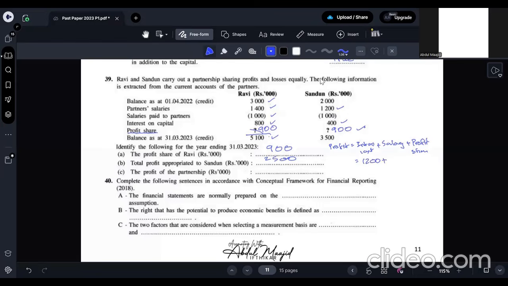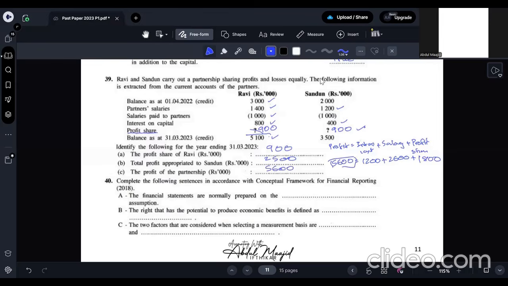Partner's salary 1,400 plus 1,200, 2,600. And profit share 900 and 900, 1,800. Then the total profit of the partnership is 5,600. Okay. 40th one.